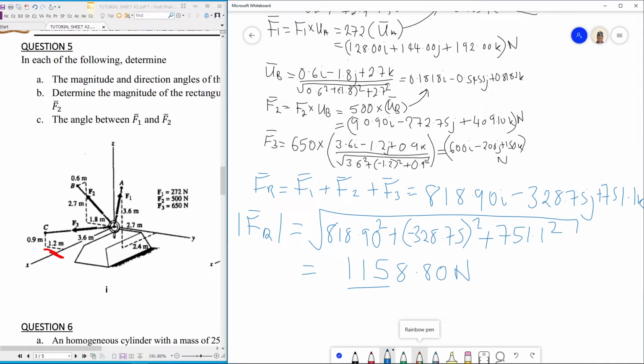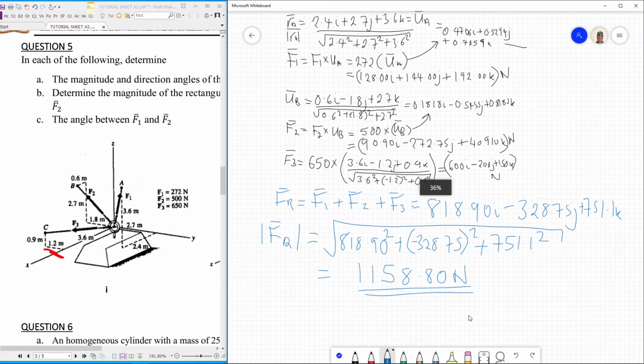So you have found your magnitude. Now let's find the direction angles. Okay, so definitely this question is loaded.